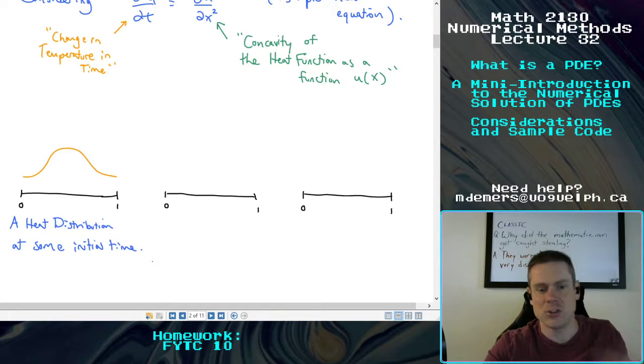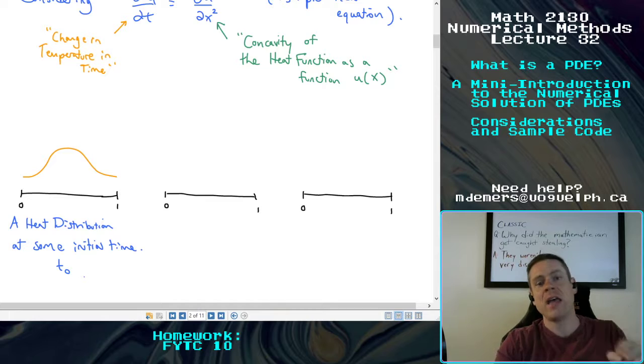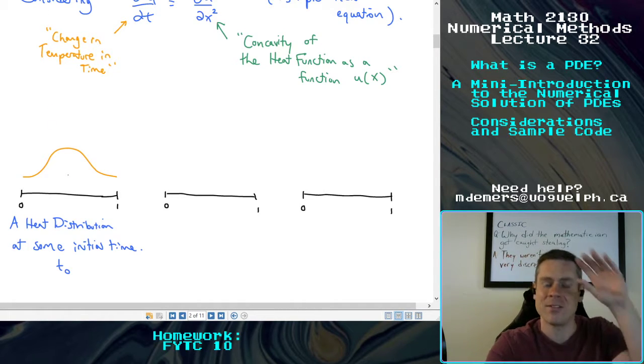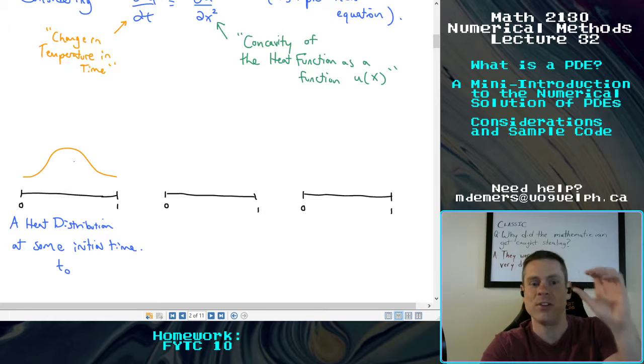So at some initial time, t0, I'm taking a snapshot, and I have a function that could be thought of as a function of just x, right? So it's like a u of x that happens to be at t equals t0.